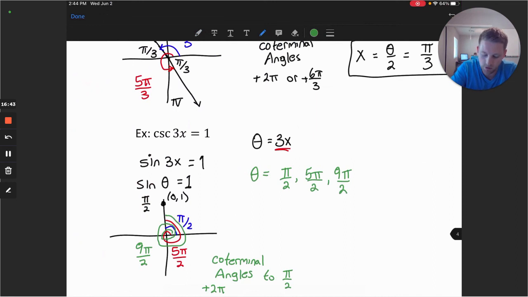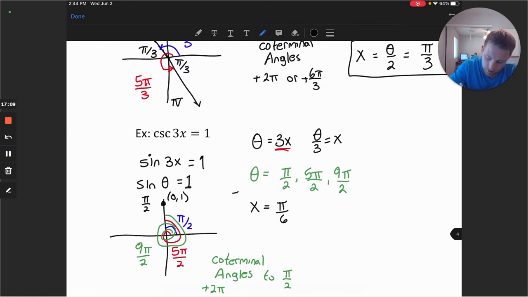And if I rearrange our substitution, we'll notice that theta divided by 3 is going to be equal to the original x variable. And so for each of these values, to find x, I just have to divide by 3. So if I divide by 3 on each of these, we have pi over 6.